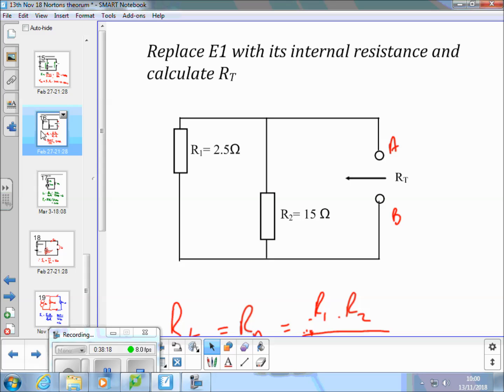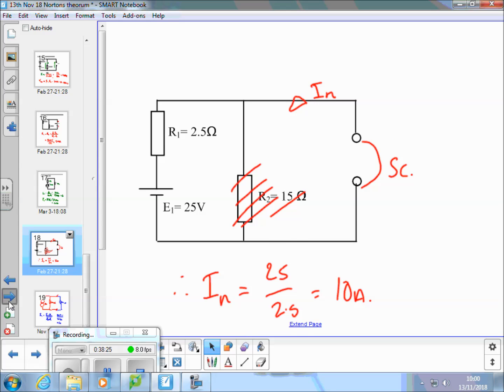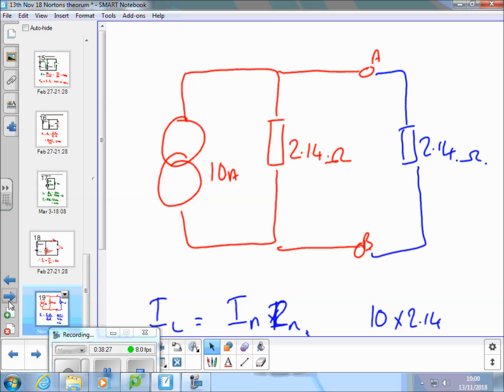And if you look at the Norton circuit at the end and consider doing Thevenin's on that circuit, you're going to replace the current source with an open circuit. Looking back in at these terminals, you're going to get a Thevenin's resistance of 2.14. So they're the same in either circuit, except one's in series, one's in parallel.